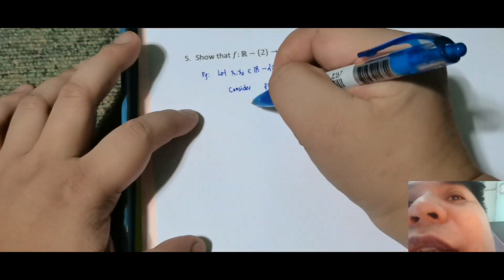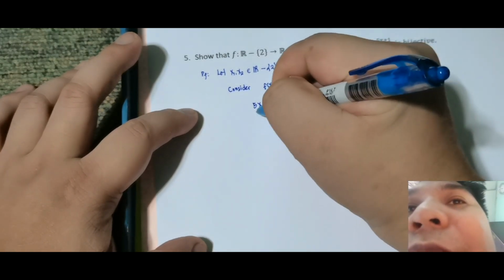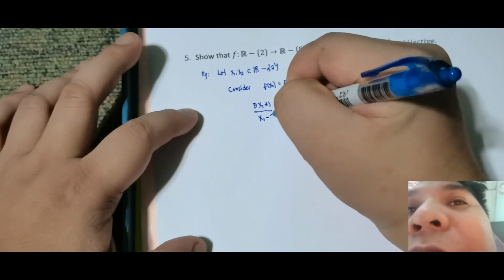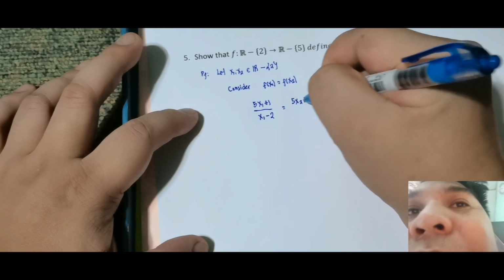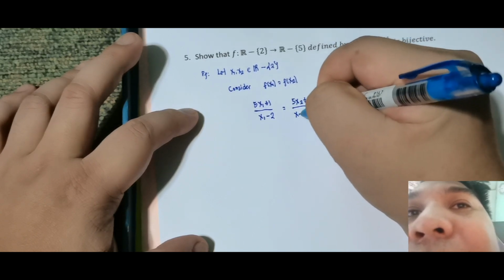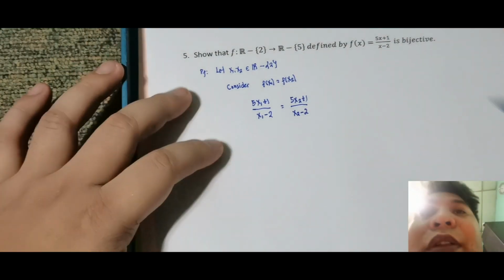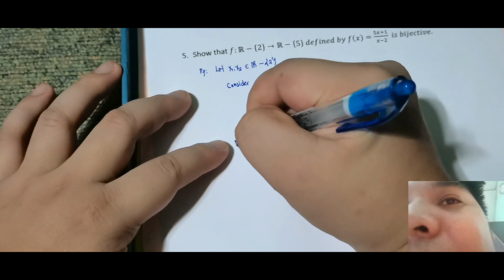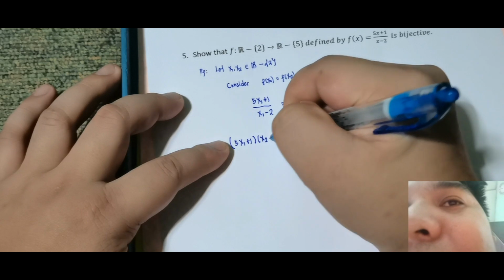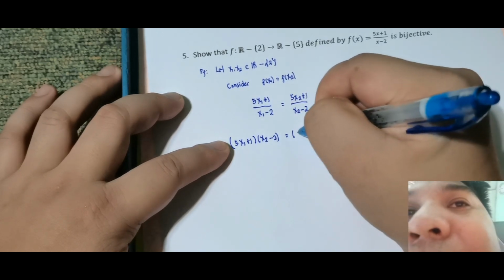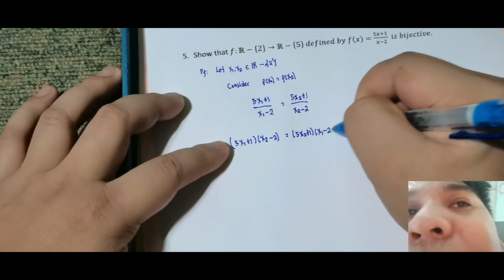So this implies that 5x sub 1 plus 1 over x sub 1 minus 2 equals 5x sub 2 plus 1 over x sub 2 minus 2. Okay, then syempre cross multiply. So that is simply 5x sub 1 plus 1 multiplied by x sub 2 minus 2 equals 5x sub 2 plus 1 multiplied by x sub 1 minus 2.